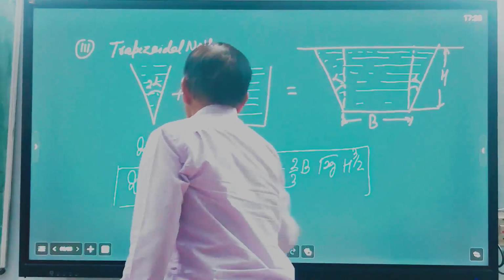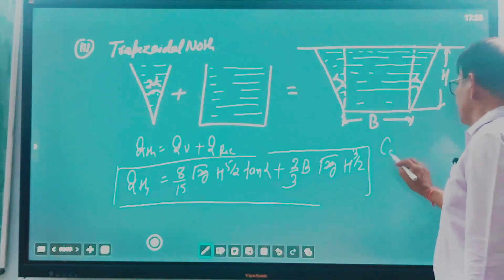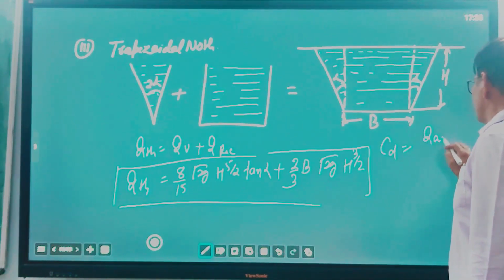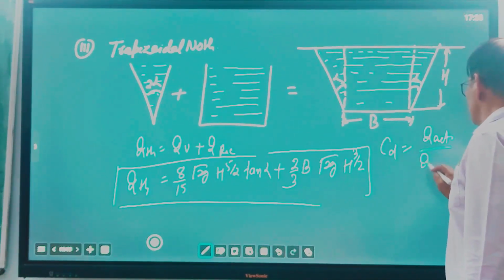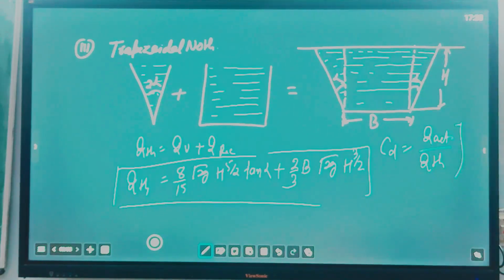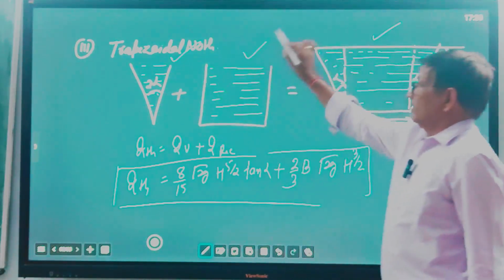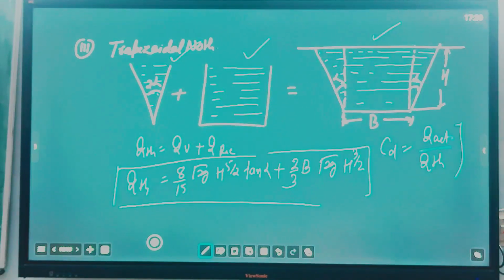Once we get Q theoretical, CD is always equal to Q actual upon Q theoretical. By using this equation, we can find CD separately for the trapezoidal notch, the triangular notch, and the rectangular notch, and compare which notch is more efficient.